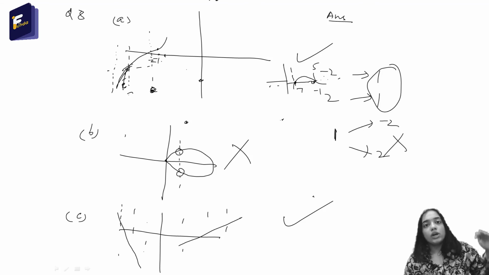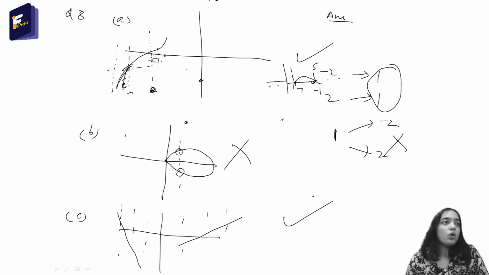So by drawing a horizontal line I can know if the function is giving the same output for two different inputs. Okay, so I will draw a horizontal line in the first case.